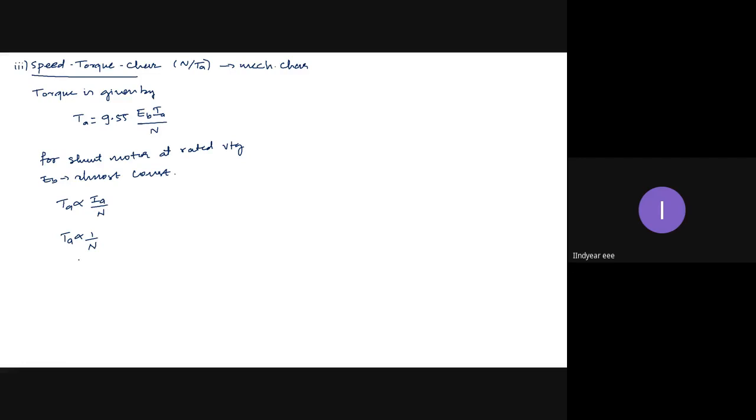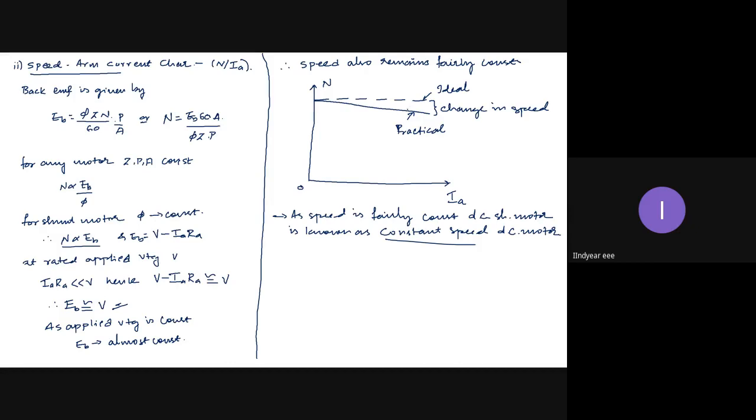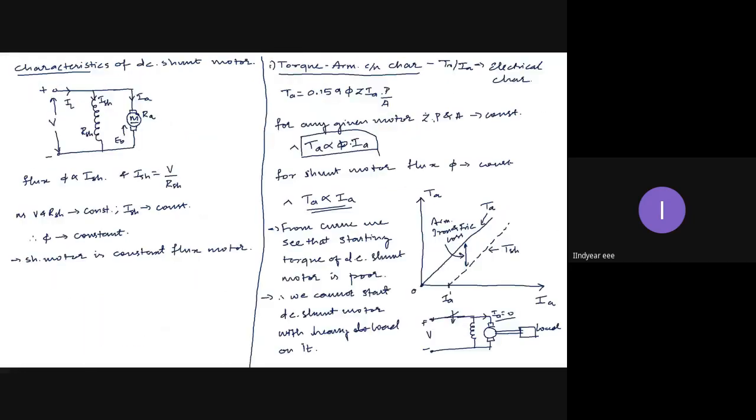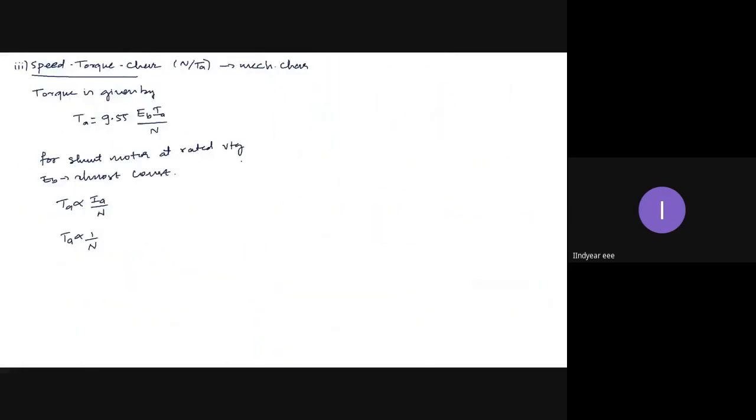But the variation in the speed from no load to full load is very minimum. In the previous characteristic we have seen the speed is almost remaining constant. So as much as speed is varying, only so much torque is varying. If speed has decreased slightly, then torque will increase slightly.